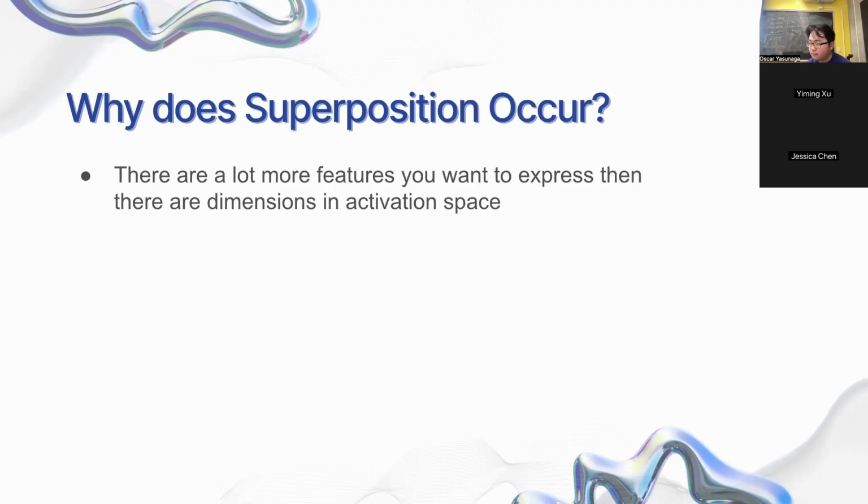You can imagine training a very simple neural network on ImageNet, for example. There are thousands and thousands of classes, but each of these classes might have a feature that's shared among other classes.